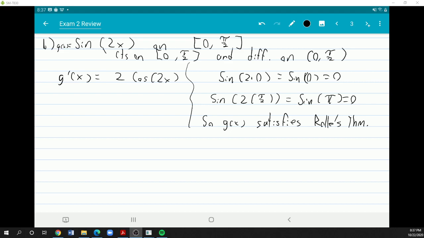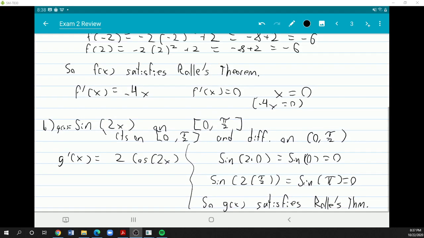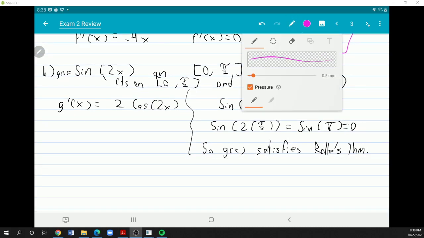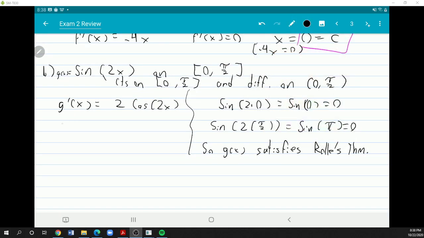So now g prime of x is equal to 2 cosine 2x. We want to see the c that works. Let me fix this real quick. Okay. So we have 2 cosine 2x is equal to 0. So cosine 2x is equal to 0. When is cosine of anything equal to 0?